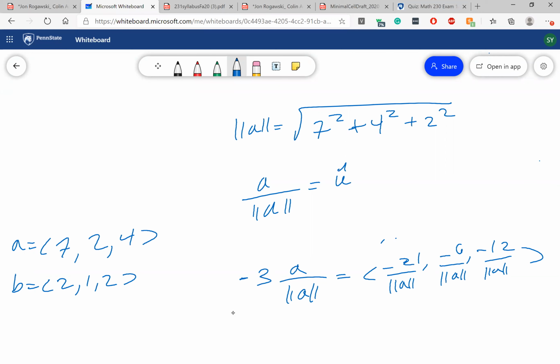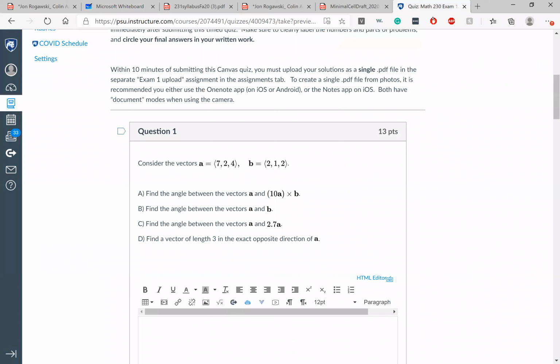Okay. I know you went through 3 and 1 already. Do you mind going over them real quick again? Yeah. So number 1 is find the angle between a and 10a cross b. We know that a cross b is orthogonal to a, so there's a 90 degree angle between a cross b and a, and just multiplying by 10 doesn't change that.